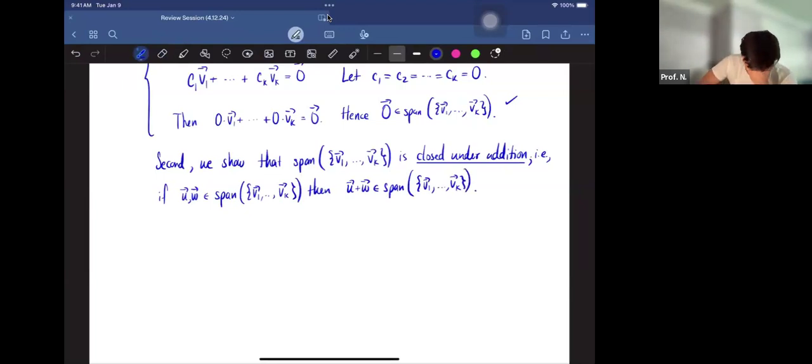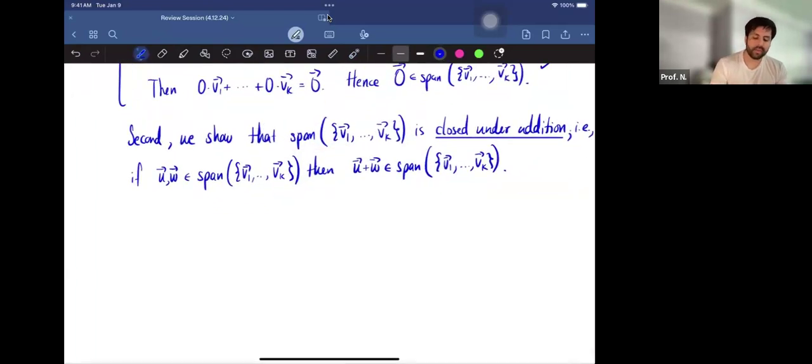A lot of this is just application of definition. I'm applying the definition of closure under addition to a particular set. The set here is the span of a set of vectors. And what's that set? It's all linear combinations of the vectors v1 through vk. So we want to show this.